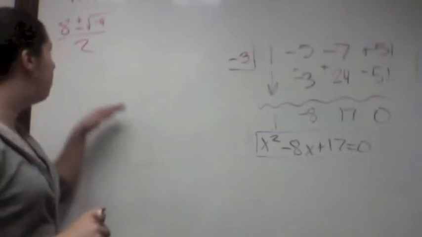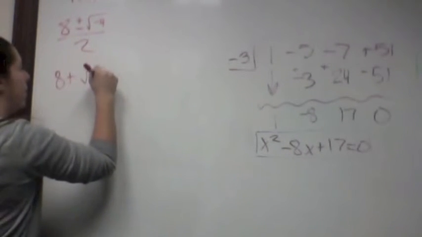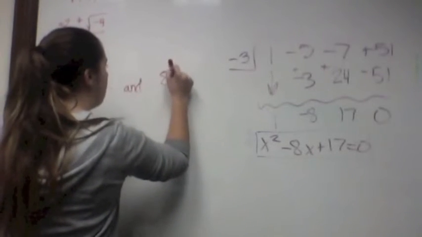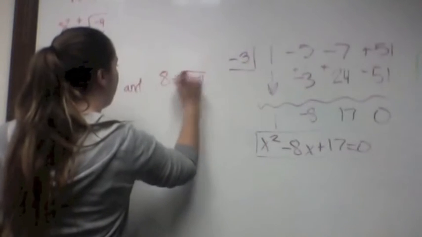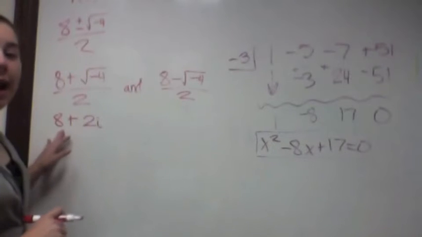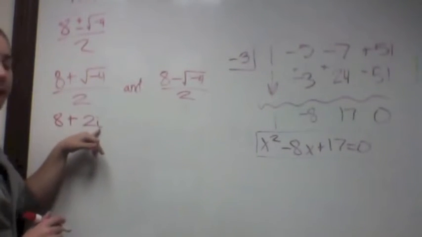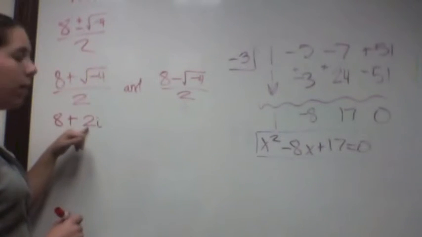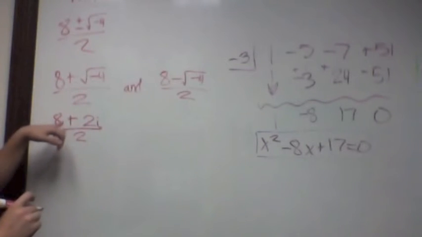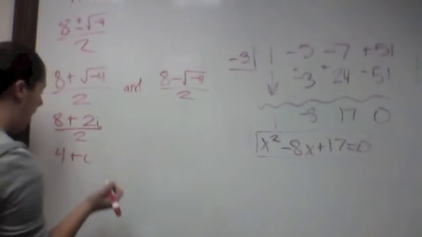Now we're going to separate this into 8 plus the square root of negative 4 over 2 and 8 minus the square root of negative 4 over 2. We're going to have 8 plus 2i because a negative number inside the radical becomes imaginary, and because 4 is a perfect square, we have 2 over 2. Since all of these are divisible by 2, we simplify to 4 plus i.